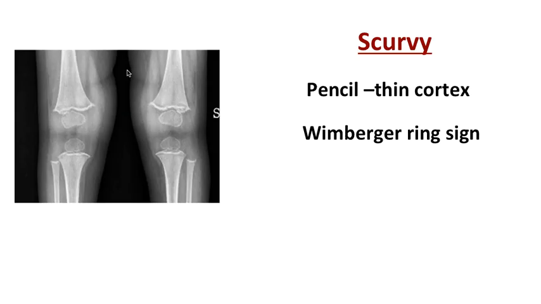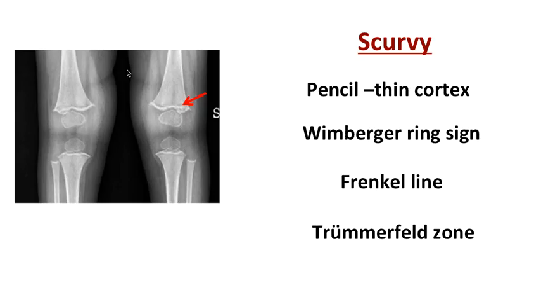Another classical sign seen in scurvy is Frankel line or white line of Frankel, which is a thickened irregular white line seen at the metaphysis representing zone of well calcified cartilage. We also can appreciate the Trümmerfeld zone, which is an area of rarefaction underneath the white line of Frankel.